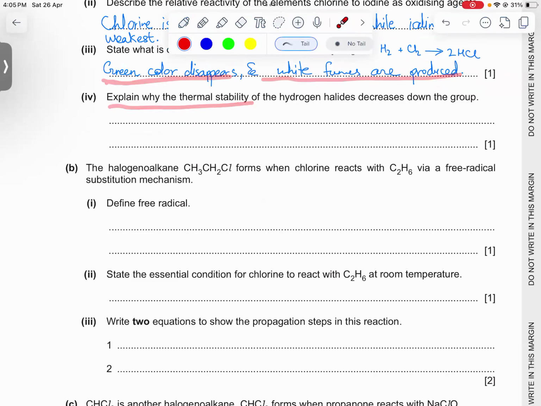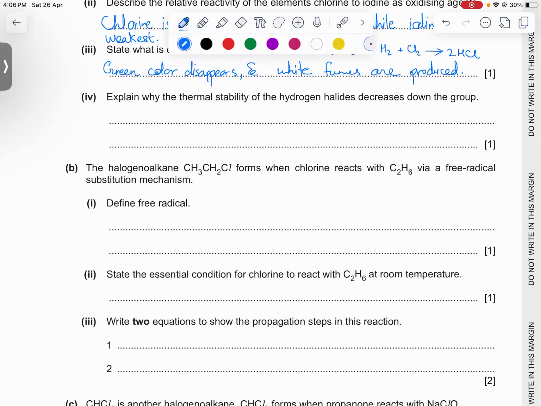Explain why the thermal stability of the hydrogen halides decreases down the group. What defines thermal stability? Why does sodium chloride not break down when heated, but other chlorides might? Or sodium carbonate does not break down when heated, but lithium carbonate does.